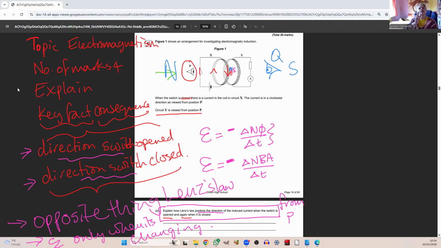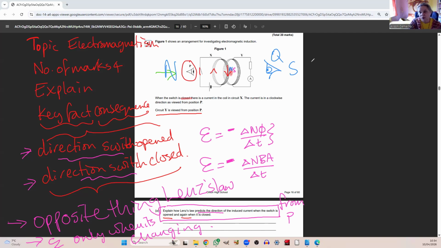You need to be a little bit careful because one of the things that they are checking when you answer wordy questions like this is your correct use of the keywords, the scientific words, and induction is a scientific word. So when you close the switch, a current flows in coil X. That would be a good place to start.